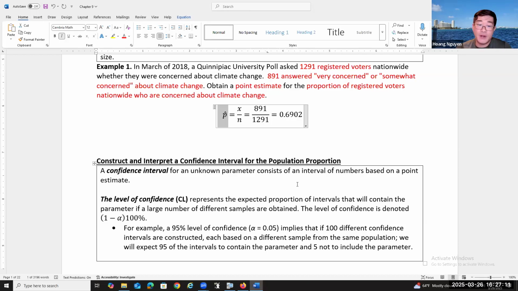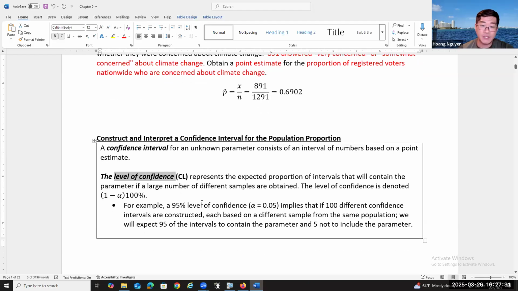For a confidence interval, we need to know the level of confidence, right? We're going to use CL as a shorthand notation for the level of confidence, or confidence level. So what is the level of confidence?